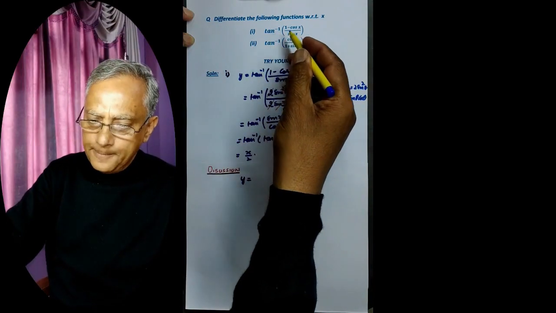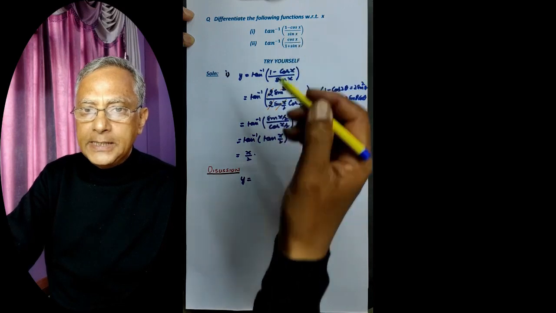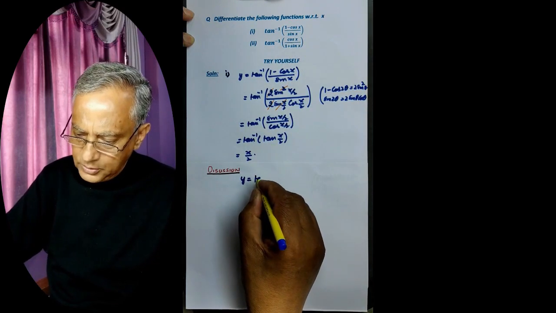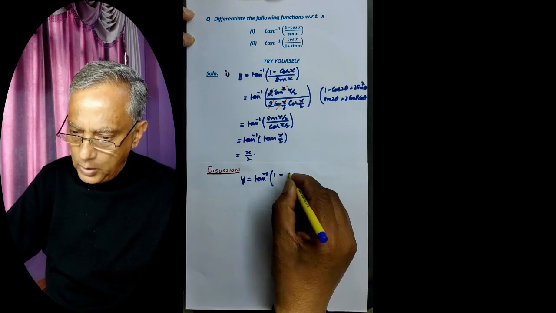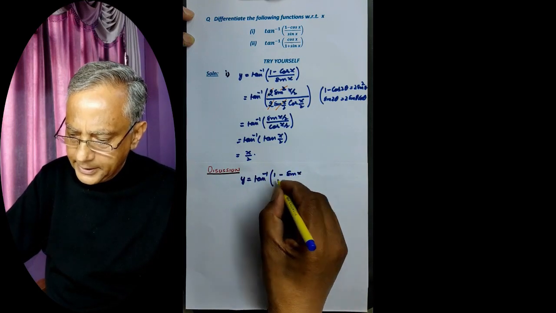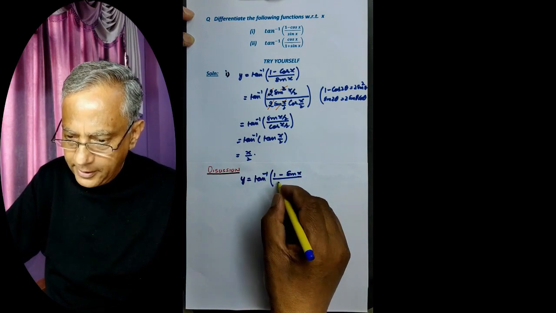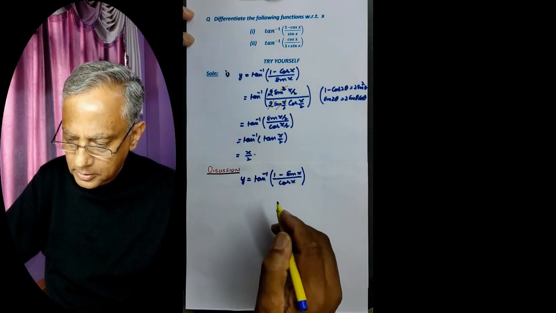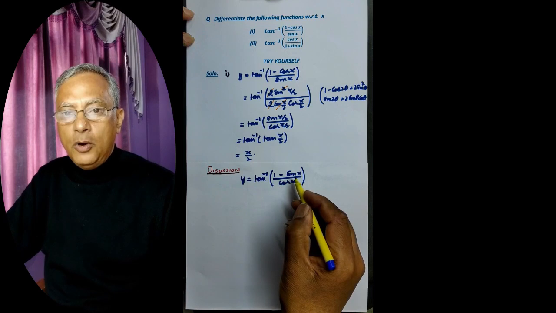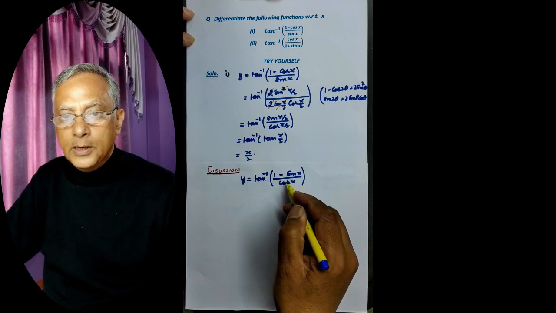Now in this question, if we interchange sine and cos, what we get is y is equal to tan inverse of 1 minus sine x whole divided by cos of x. Now we do not have any formula for 1 minus sine x.